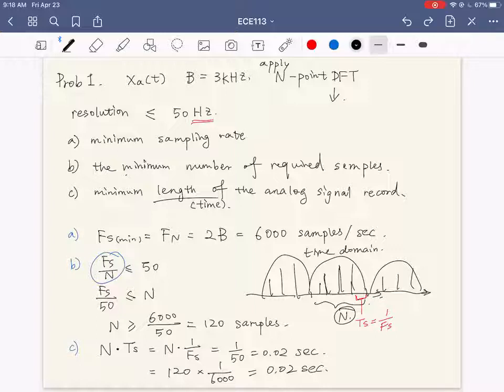So in DTFT, we scale the magnitude with fs. So in DTFT, a signal with original magnitude 1 in spectrum will become a signal with the magnitude of fs in spectrum.